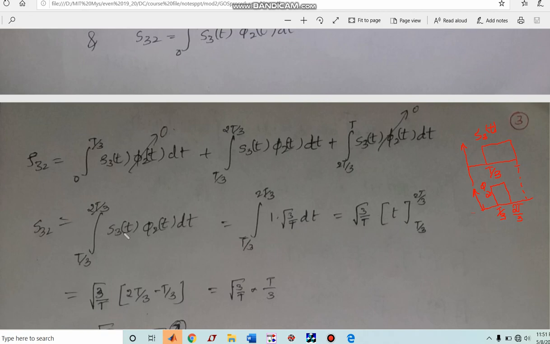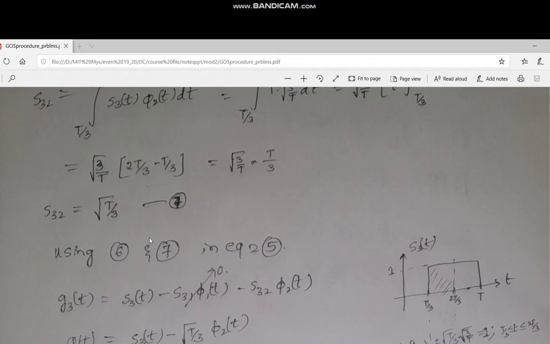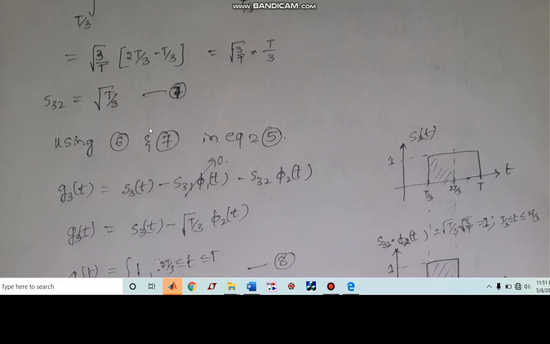Now I substitute s3 of t is equal to 1 and phi 2 of t is equal to square root of 3 by t and integrate it. After simplification, I will get s32 is equal to square root of t by 3. Now using equations 6 and 7 in equation 5, what is equation 6?